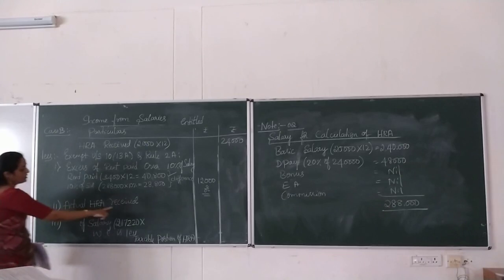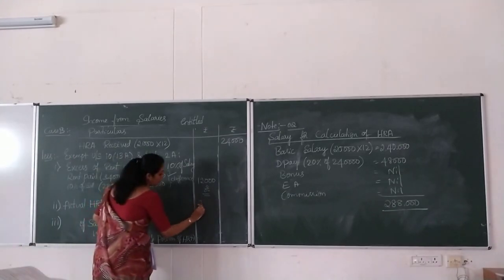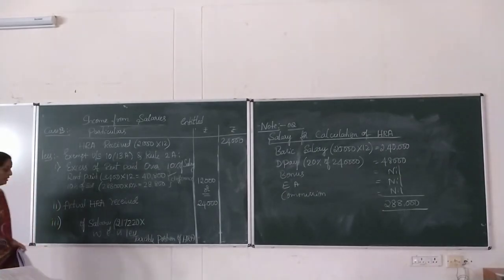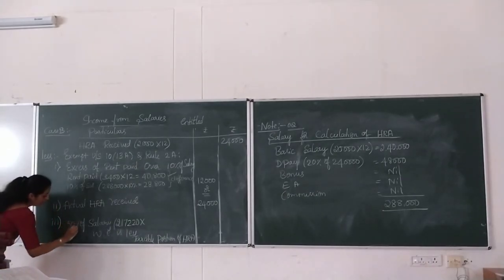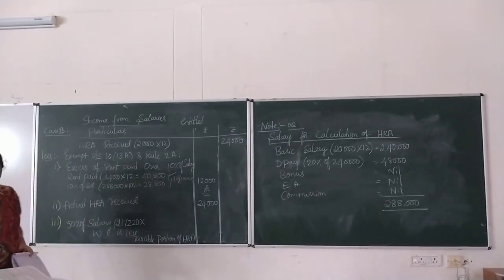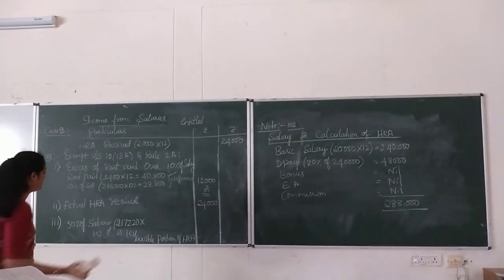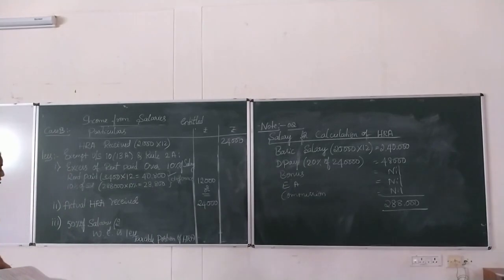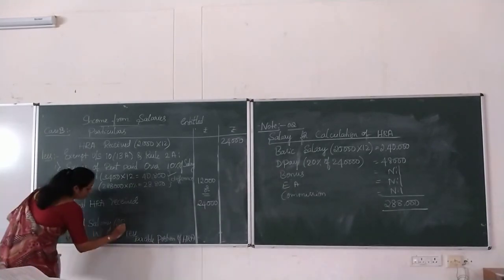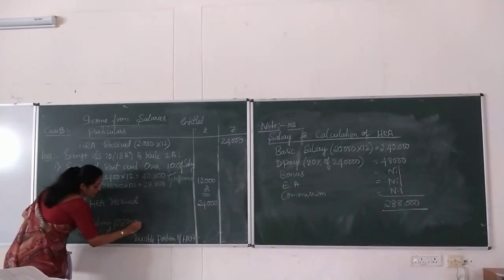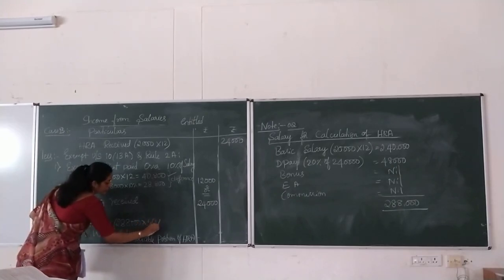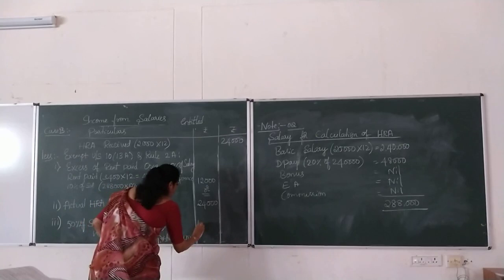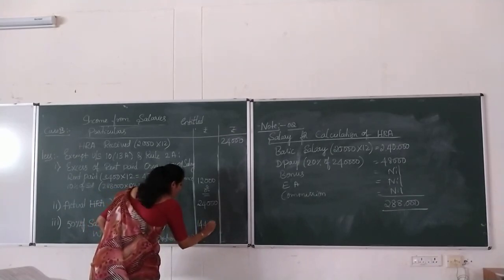Next, actual HRA received is 24,000 and the house is situated at Delhi, so 50% of salary. What is the salary? 2,88,000 into 50%, that is 1,44,000.